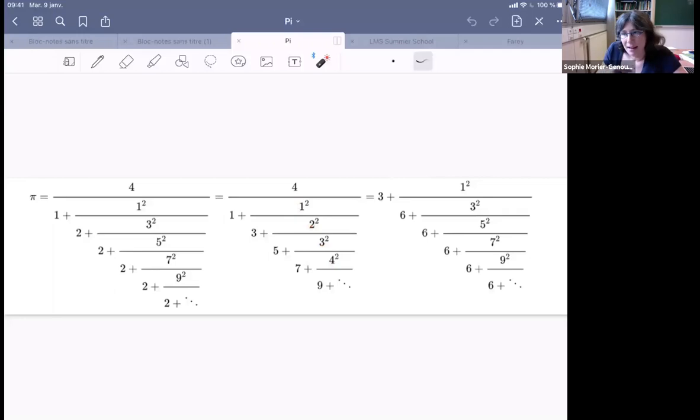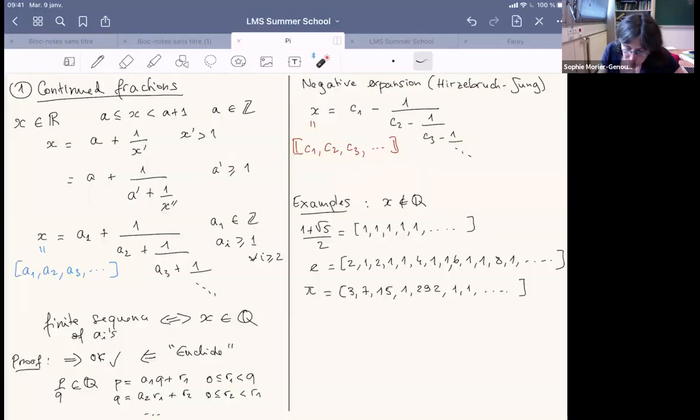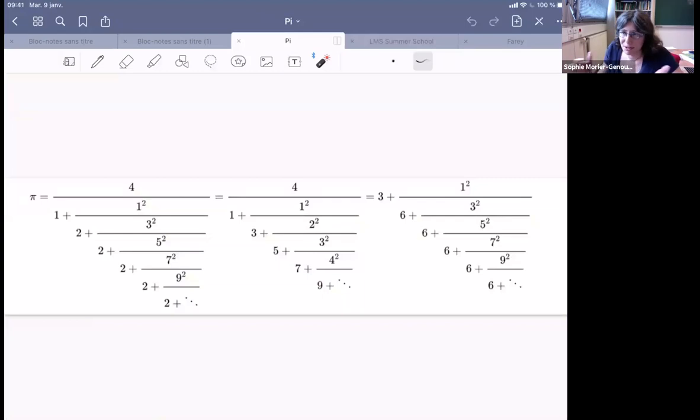And Wikipedia is full of, not full, but you can find more such formulas for pi. So if you were already asking yourself why one should care about continued fractions, I think this is just an answer. When you have something beautiful like this, you know that you have an interesting object.